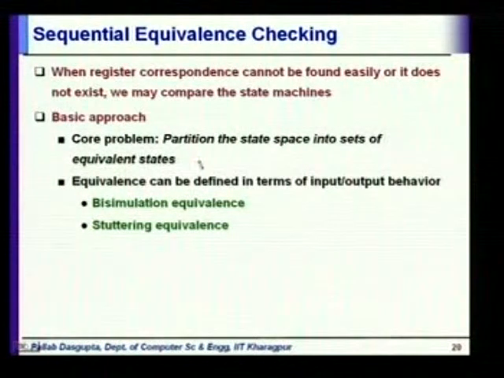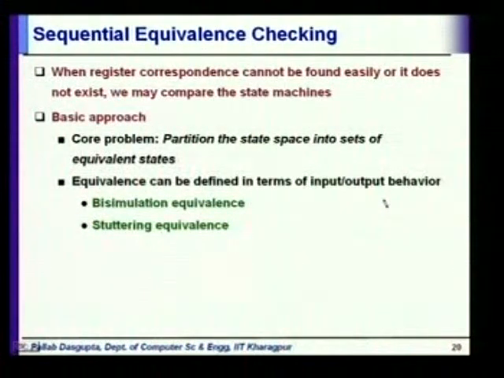So, what we are going to do is look at a very fundamental algorithm which was developed ages ago, before the advent of VLSI or anything, which takes a relation and a state machine and partitions the state space based on that relation. Okay. Again, equivalence can be defined in various ways.